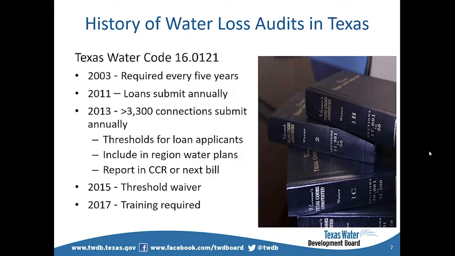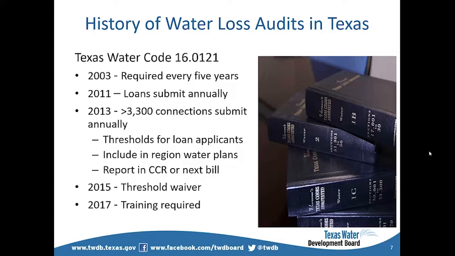They also required that we, the board, establish water loss thresholds. Now basically what this is, it takes the information you have provided in the water loss audit, and we have created system-specific calculated water loss thresholds for loan applicants.